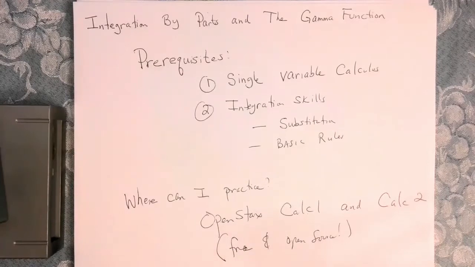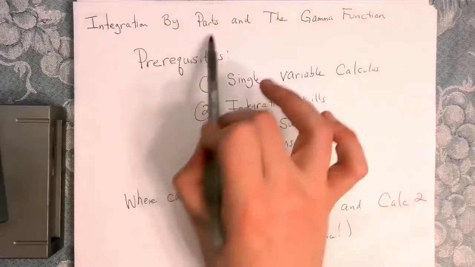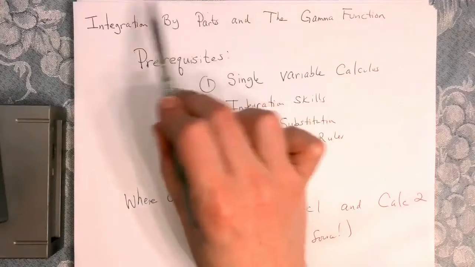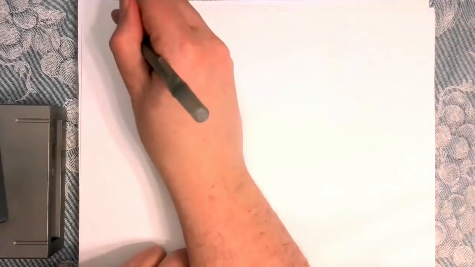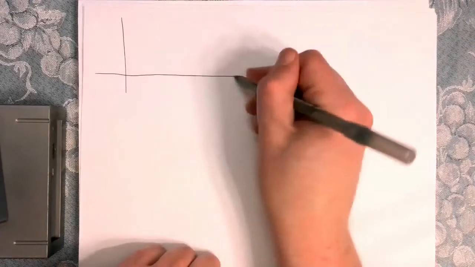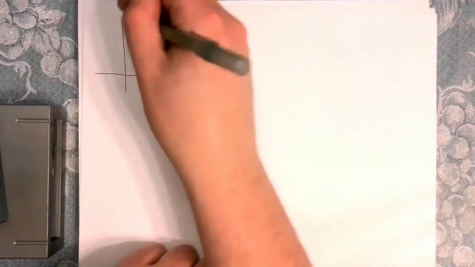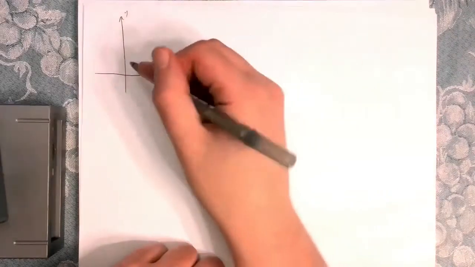Okay, so with that said, let's do a little bit of a review of integration by parts. Let's see if we can get everybody on the same page with this. Okay, so what I want you to imagine is you've got some function that's continuous on an interval.